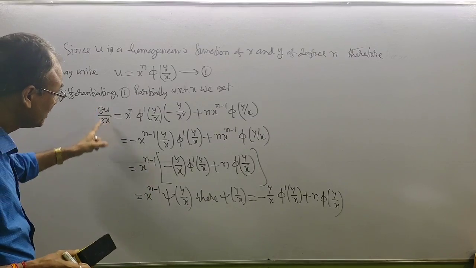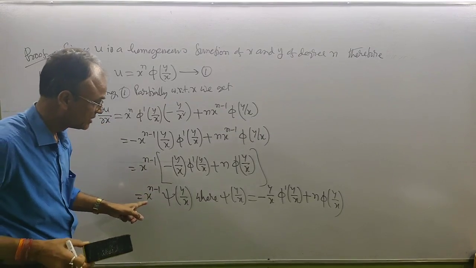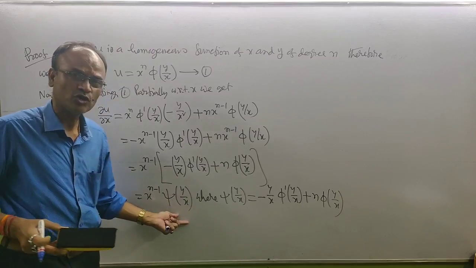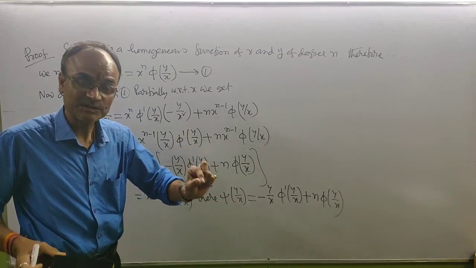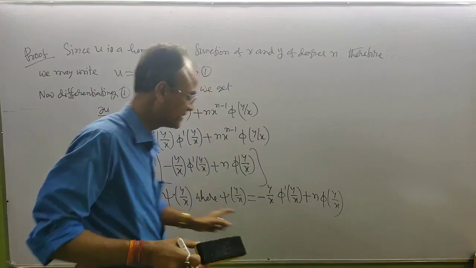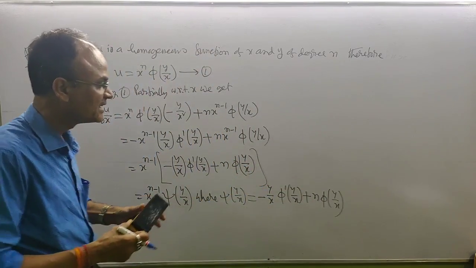Thus, del u by del x is equal to x to the power n minus 1 times a function of y by x. This means del u by del x is a homogeneous function of x and y of degree n minus 1.